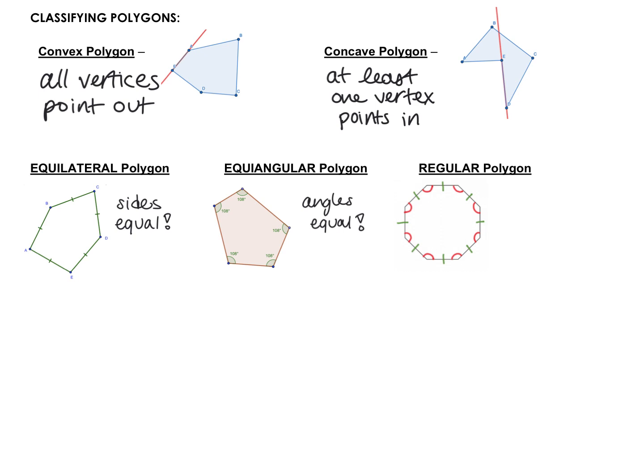And then regular, you can see it in the picture. What is equal in a regular polygon? Everything, yeah. Both the sides and the angles are congruent, or equal in measure.